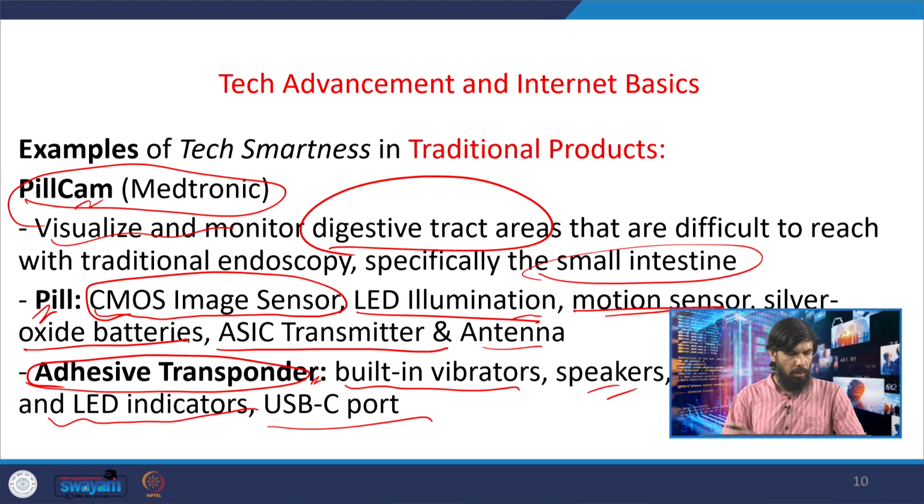So through this, better visualization, monitoring and diagnosis of digestive tract areas can be done, especially for internal parts which are difficult to reach by traditional endoscopy.